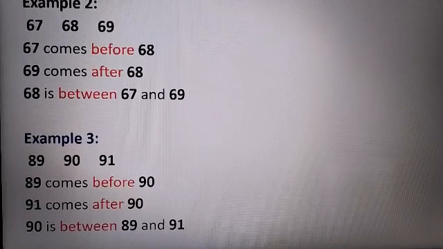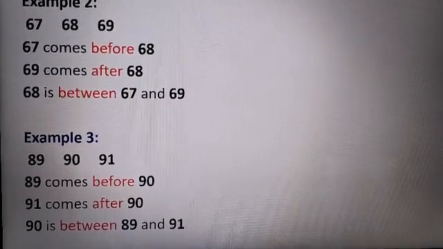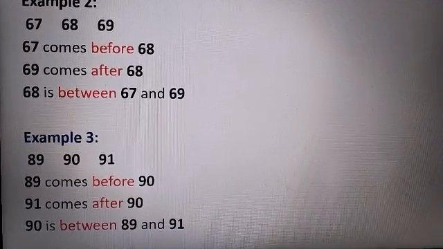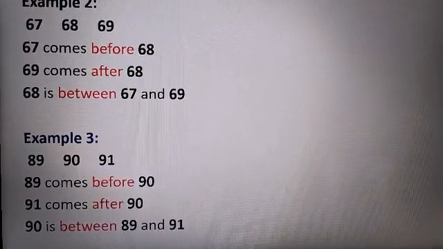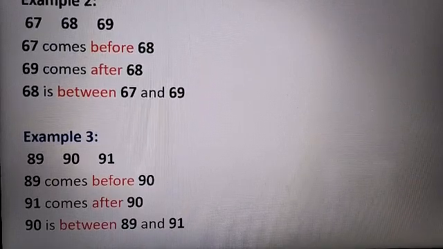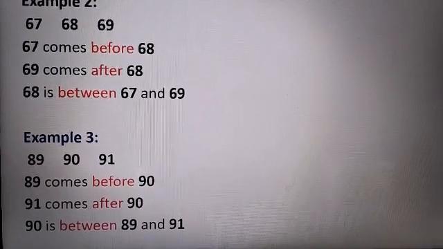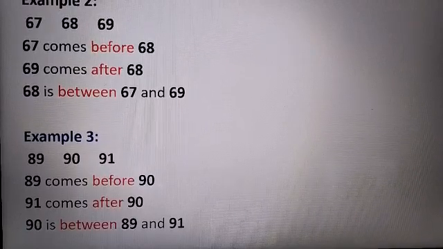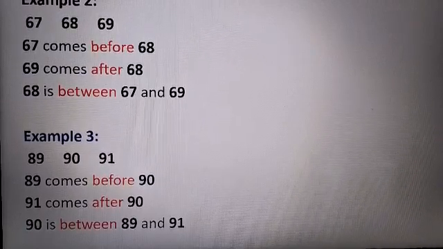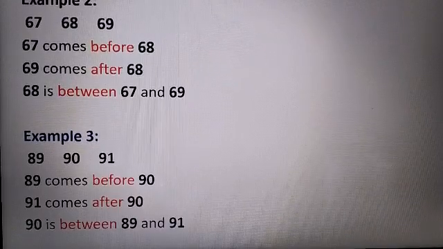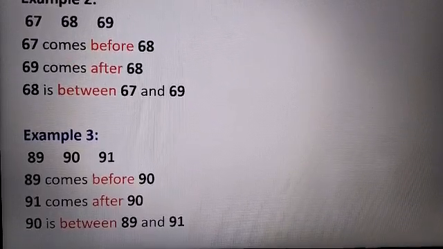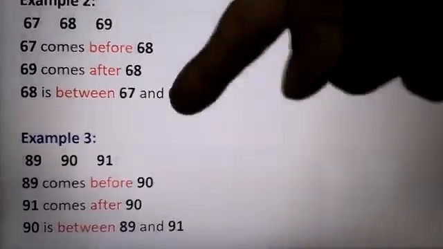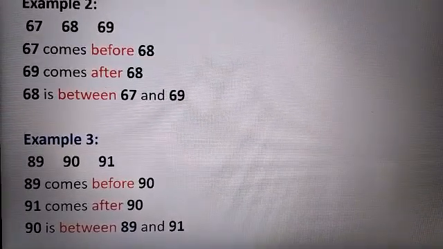Read the numbers after me: 89, 90 and 91. Yes. Now 89 comes before 90. Very good. And 91 comes after 90. Yes. And 90 comes in between 89 and 91. Okay, kids?